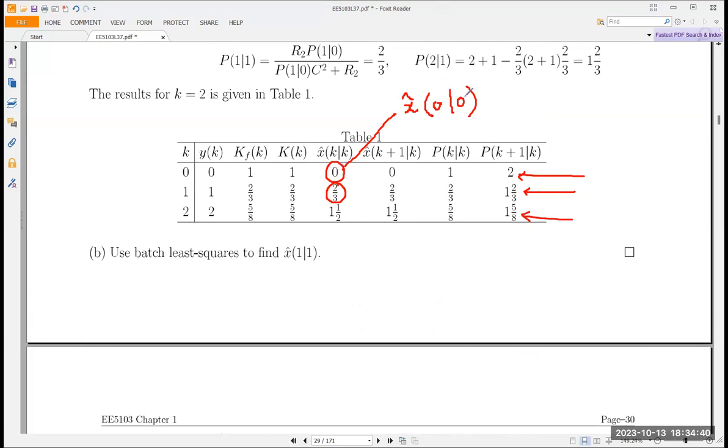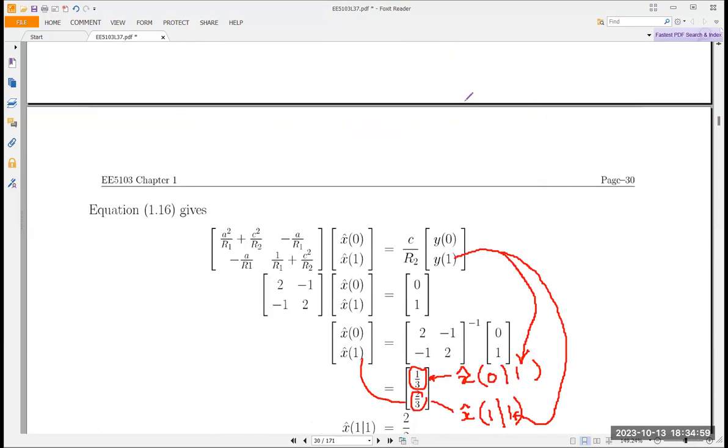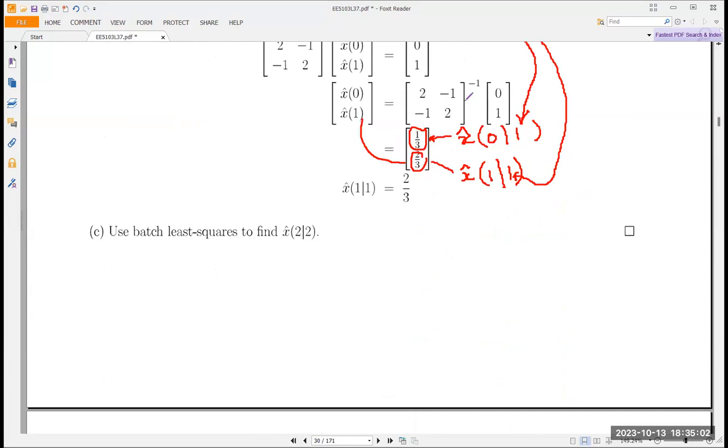We didn't make use of y1. If you have less data, less information to do your estimate, your estimate quality would not be as good as if you have more information before you make a decision or a judgment or estimate. Okay, so that part is the interpretation.